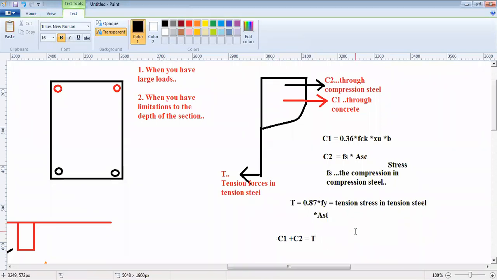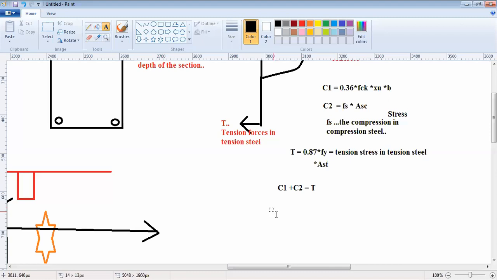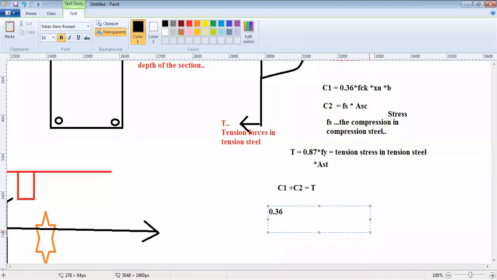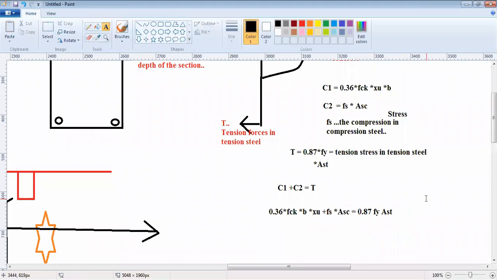So you can then get the equation: 0.36 fck b xu plus Fs into Asc is equal to 0.87 Fy Ast. So for a balanced section, this is the equation for a doubly reinforced section.